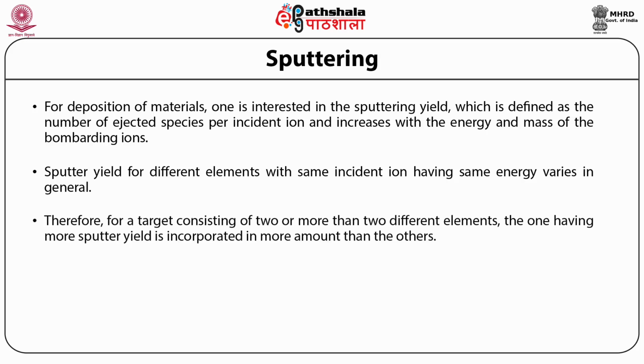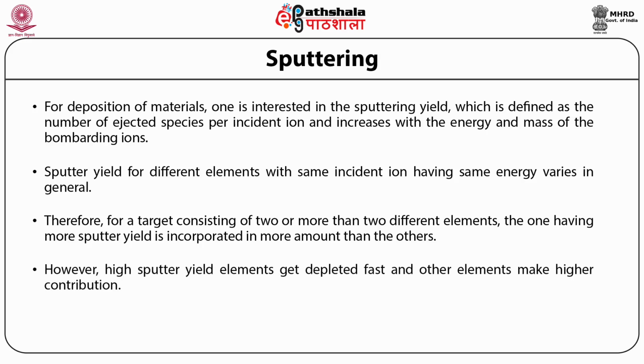Therefore, for a target consisting of two or more different elements, the one having more sputter yield is incorporated in a larger amount than the others. However, high sputter yield elements get depleted fast and the other elements make a higher contribution. Thus, the stoichiometry is achieved in the deposited thin film.